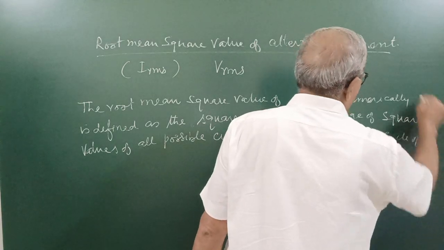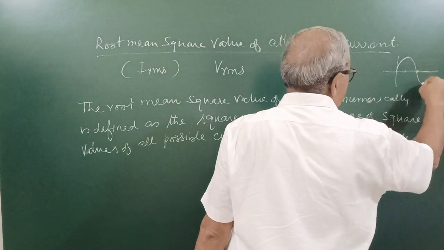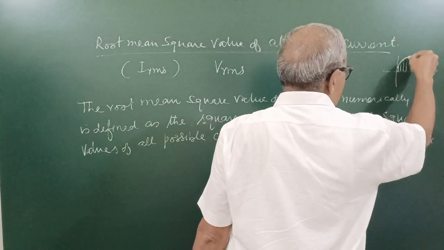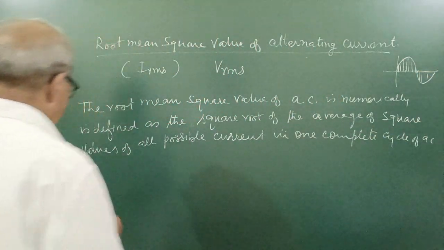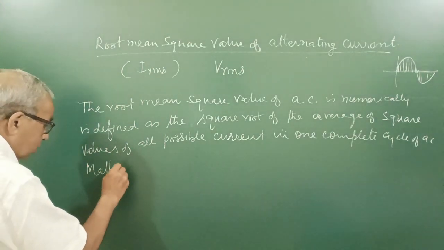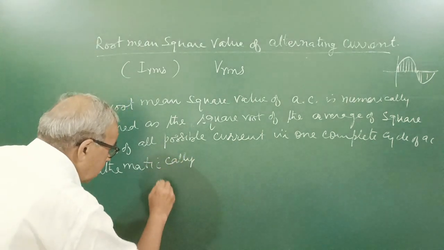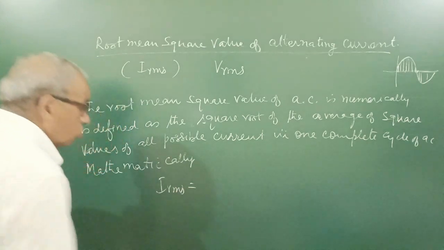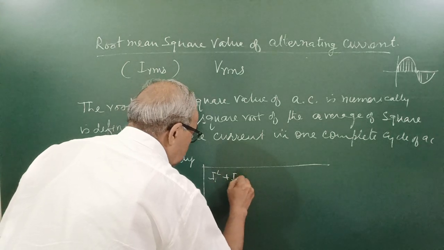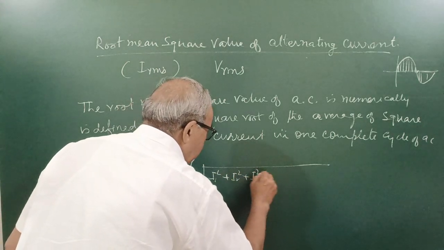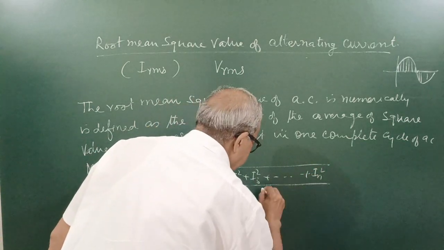of AC. One complete cycle means T by 2, T and T by 4, so the current varies like this. So whatever these values are, the average of the squares of all of them is the root mean square value. Mathematically, IRMS is equal to the square root of I1 square plus I2 square plus I3 square and so on up to n values, divided by n.